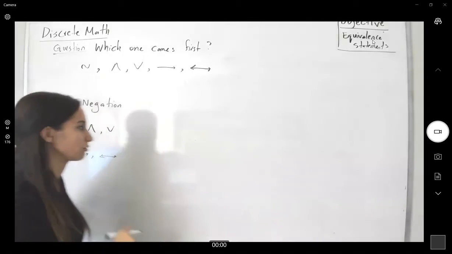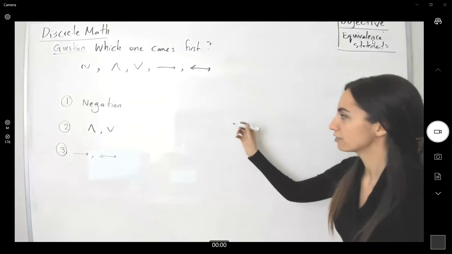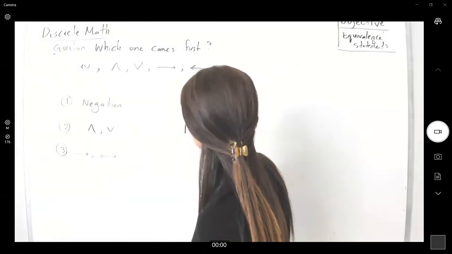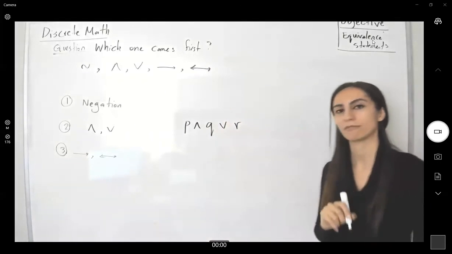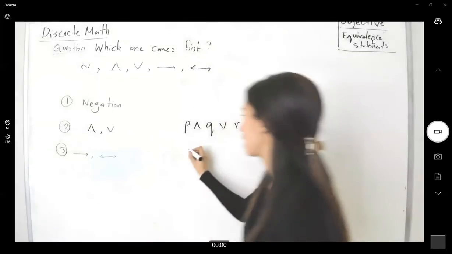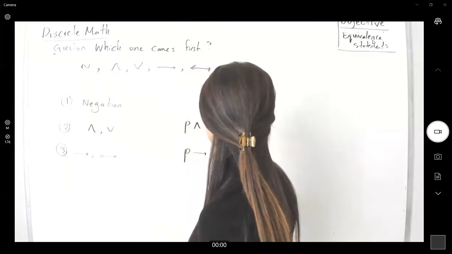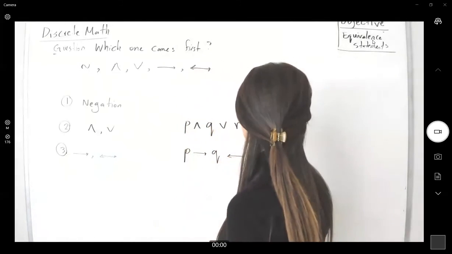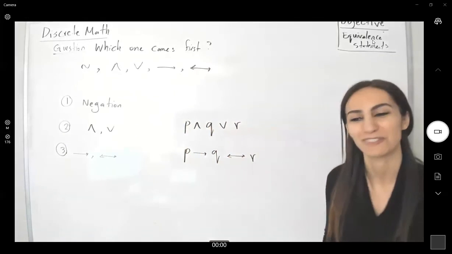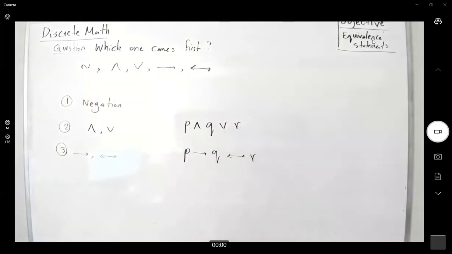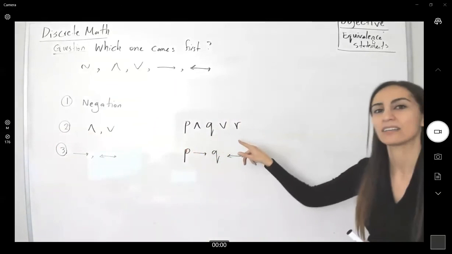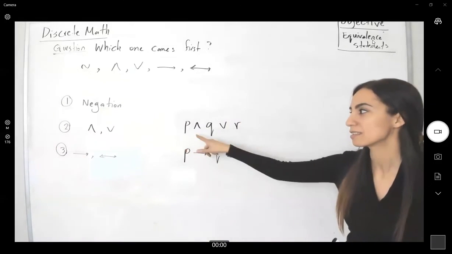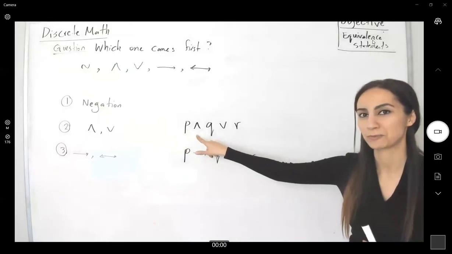Now here's my question for you. If you have P and Q or R, which one comes first? If you have P, then Q, if and only if R, which one comes first? Guys, if you see a compound statement like this, this is not legit.